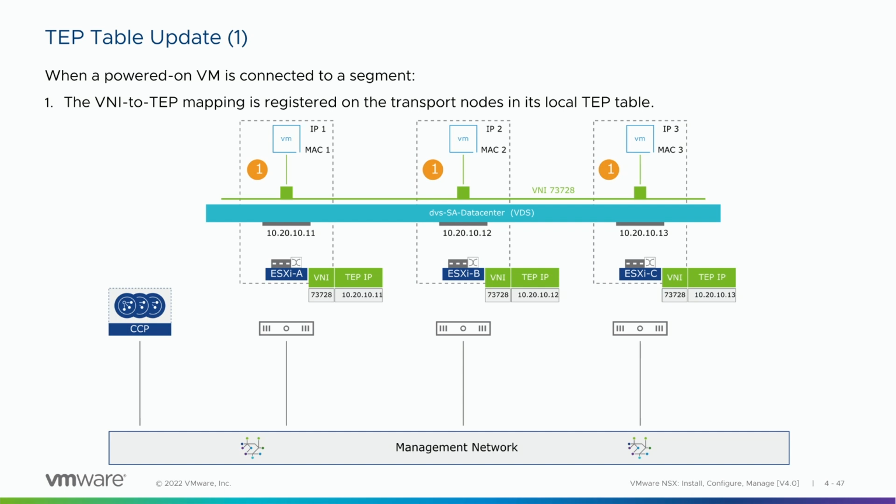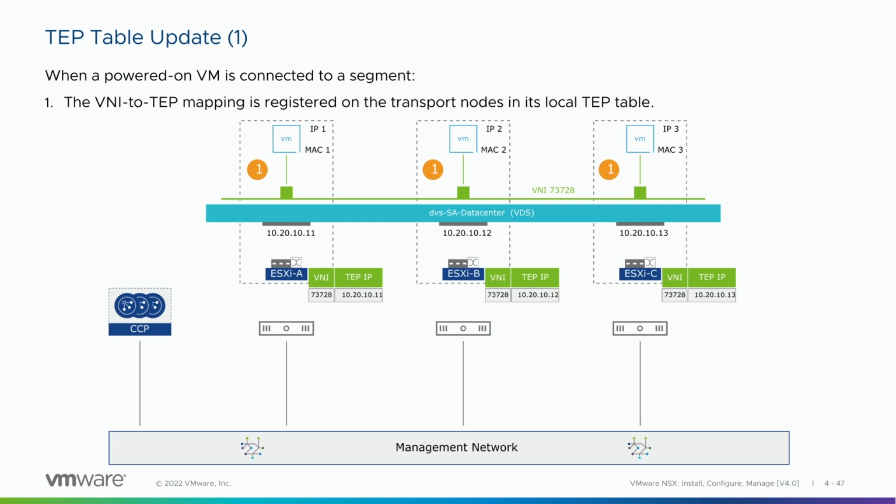So ESXi-A says, well, my tunnel endpoint is in VNI 73728. Well, ESXi-B says the same thing. Well, TEP B here is in VNI 73728. TEP C does the same thing, right?